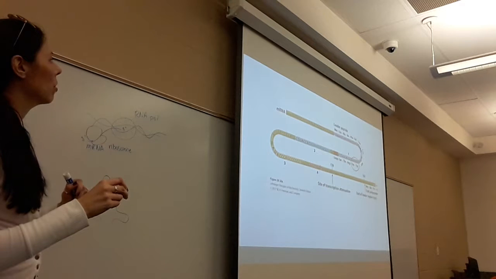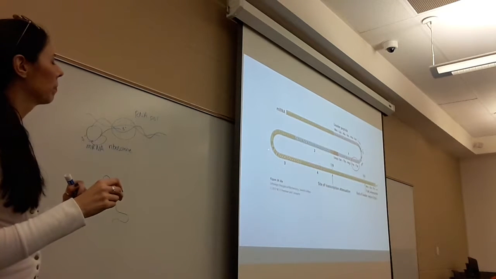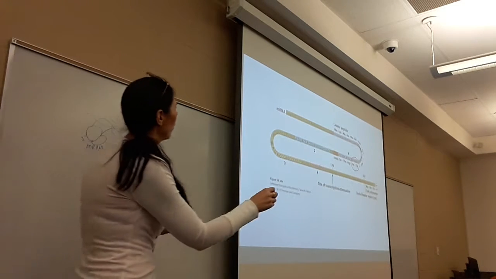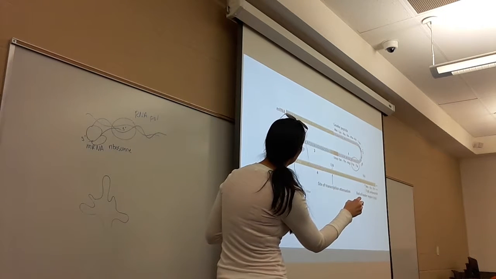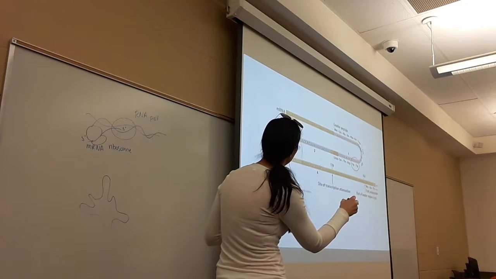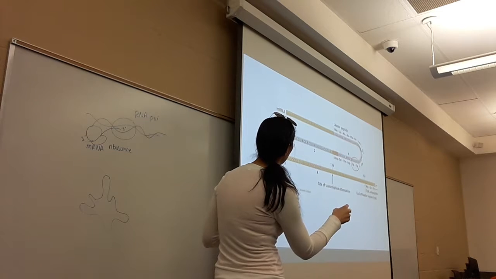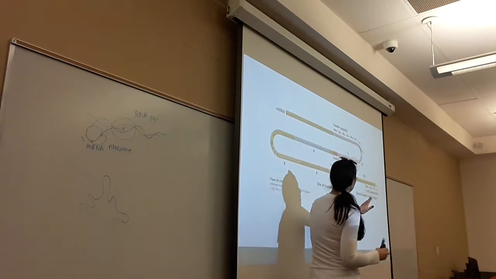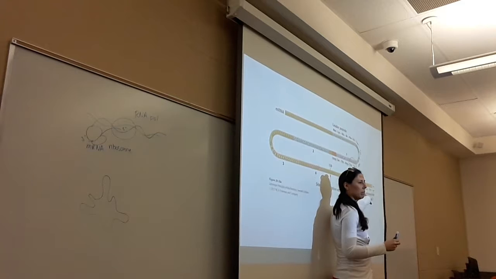So here's the messenger RNA. Here is the leader sequence right here. So here's 1, 2, 3, and 4. And then here is the start of trpE.